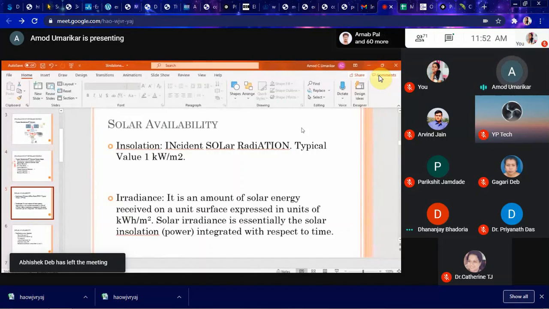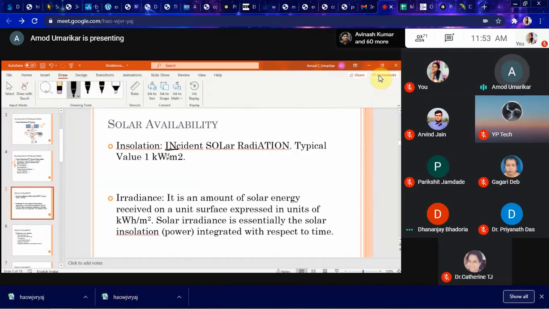So now what is insolation? The first step is solar availability, whether solar power is available at that place or not. So the first step is insolation. Insolation is incident solar radiation. The typical value is 1 kilowatt per meter square.